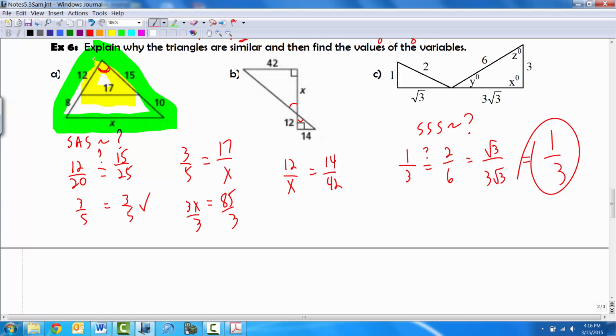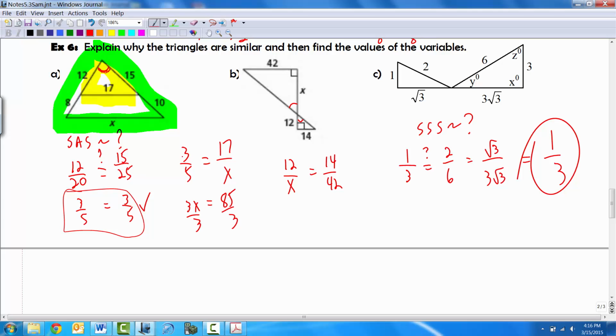So 12 over this green side is 20. And that's what should correspond to that side. And just like this in the yellow triangle, 15 should correspond with 25. So 12 over 20 equals 15 over 25. Yes, you get the same similarity ratio, which is the term we can use for now. So you could say these are similar by side-angle-side.